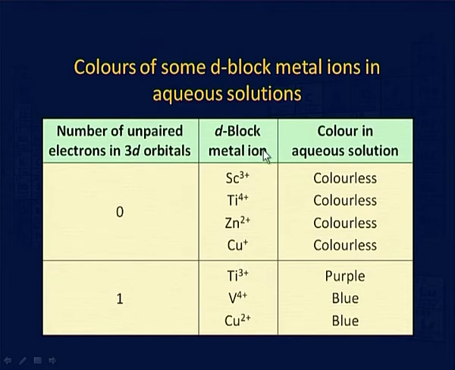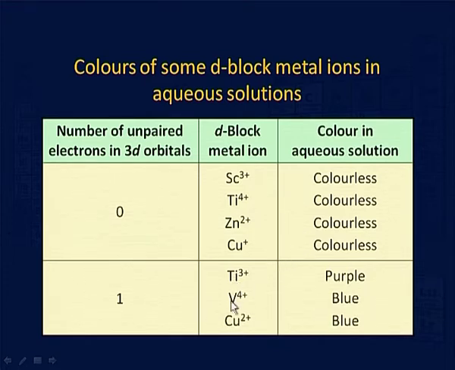To understand it, let us see a few examples of some cations of first row transition metal ions. Here we have titanium 4 plus, zinc 2 plus, or cuprous ion. All of these have no unpaired electron in their electronic configuration, and therefore they are colorless.